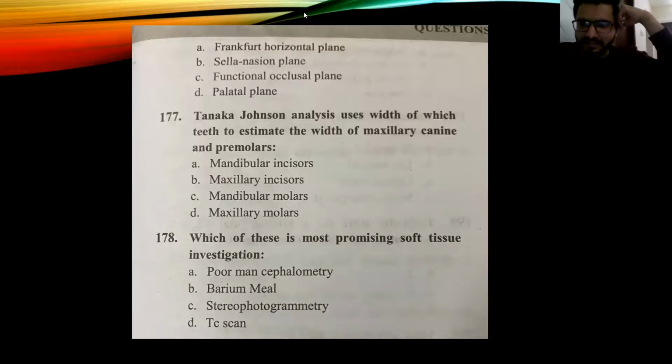What is Witt's analysis? You will draw an occlusal plane. From point A, you will drop a perpendicular, and from point B, you will drop a perpendicular to the occlusal plane. And the distance between AO and BO you will measure. What is the normal value of Witt's analysis in girls and in boys? Tell me quick.